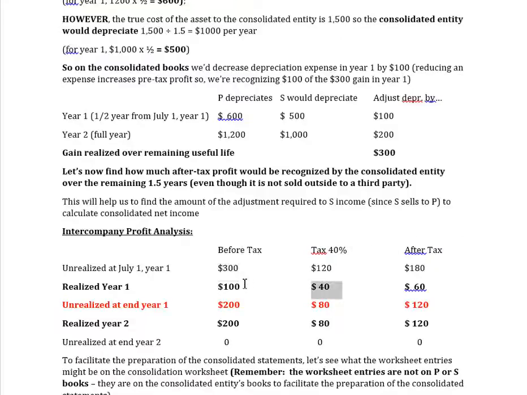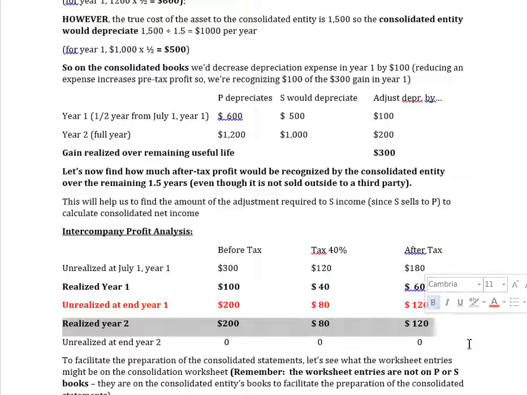When we realize a gain from a consolidation perspective, the consolidated entity would be increasing its tax expense by $40, which means on an after-tax basis, we would take $60 of that $180 into consolidated income. So that would mean that the unrealized portion of that $180 gain would be $120, and we would take that into year two income from a consolidated perspective.